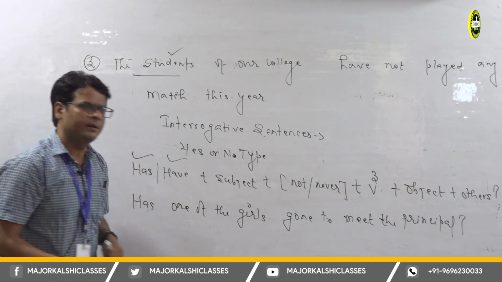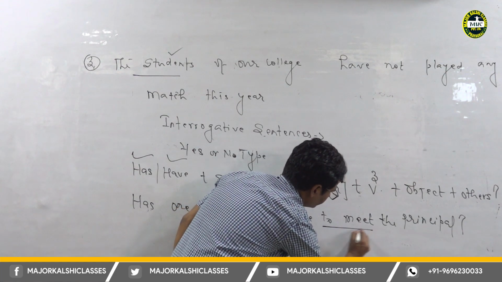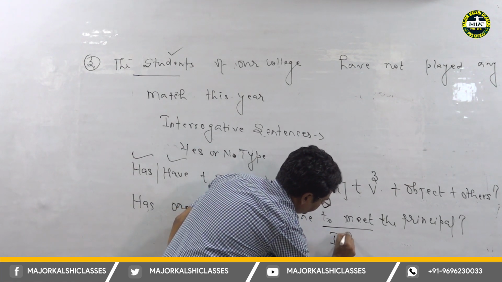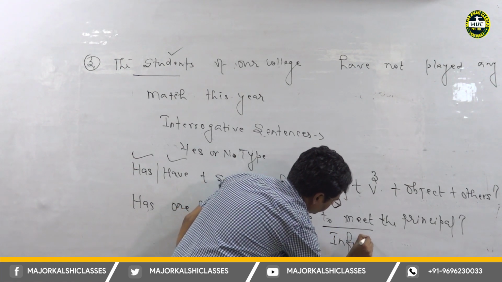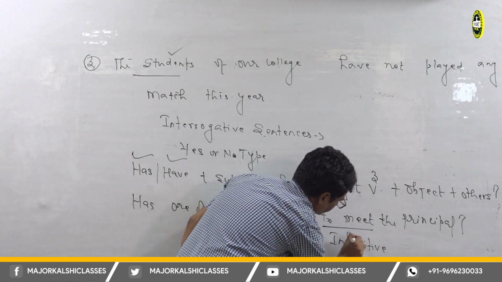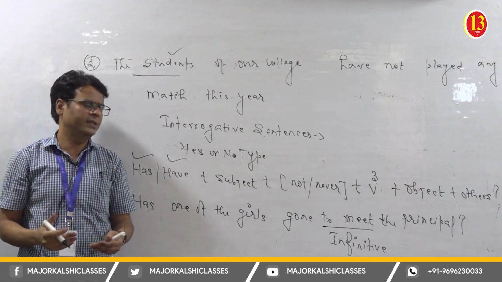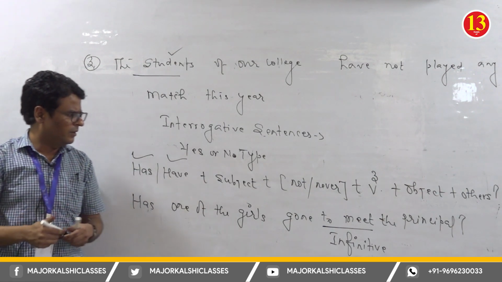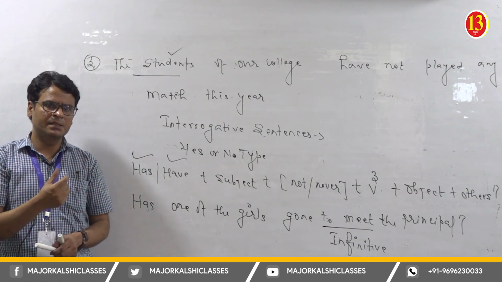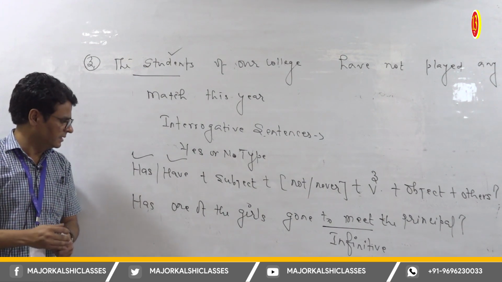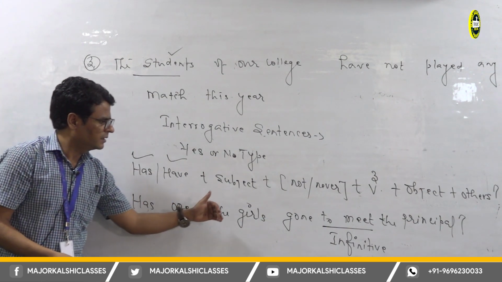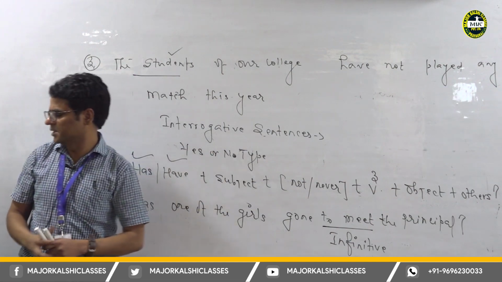To meet, it is called infinitive. These things will help you in your parts of speech, and it will enhance your knowledge, right? You have to know what type of parts of speech are being used in a sentence. Has one of the girls gone to meet the principal?